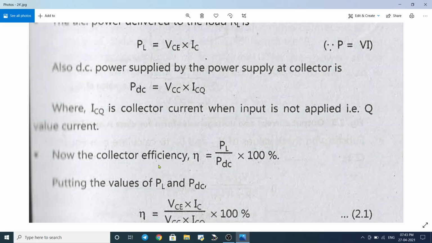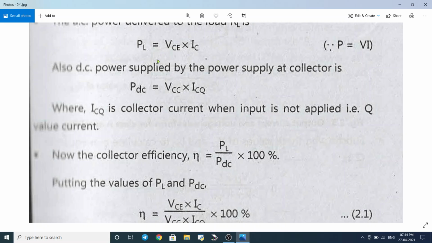Now see, collector efficiency. Efficiency, which is also called conversion efficiency or collector efficiency, is denoted by eta, and it is the ratio of the AC power delivered to the load divided by the DC power supplied by the power supply.